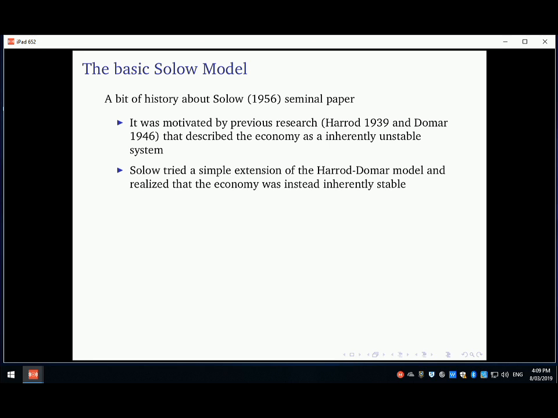Solow tried a simple extension of the models in these two papers, and indeed, he realized the opposite, that by just making one simple change, his conclusions changed completely.